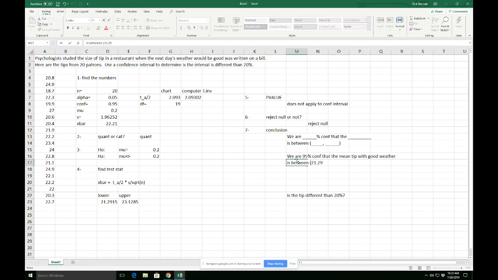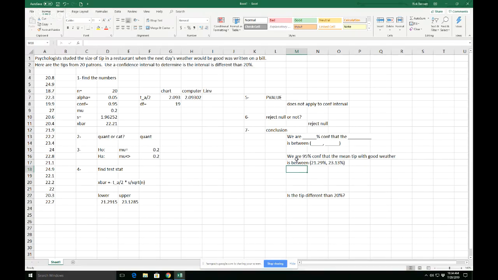Don't write it backwards. And 3.13%. I thought we weren't allowed to use the word reject on that. We're not allowed to use the word accept. We can't use reject in the conclusion either. Okay. That's true. And then we definitely don't want to use the A word.